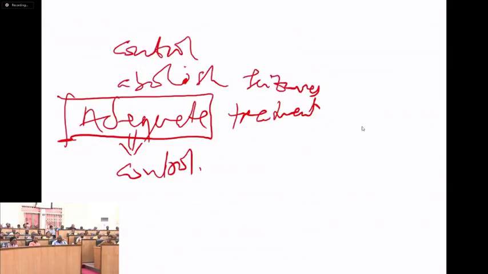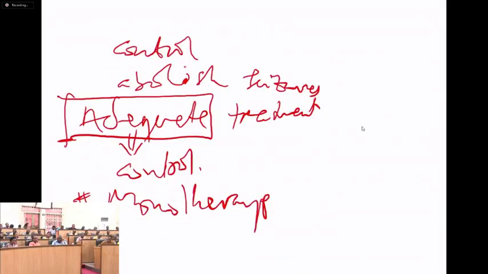Now, again, monotherapy is the key. Push that one drug to its limit. If it doesn't work, switch. For example, if I'm using carbamazepine, I will push carbamazepine to the limit. And if I don't get any significant clinical results, I may replace it with, say, topiramate.